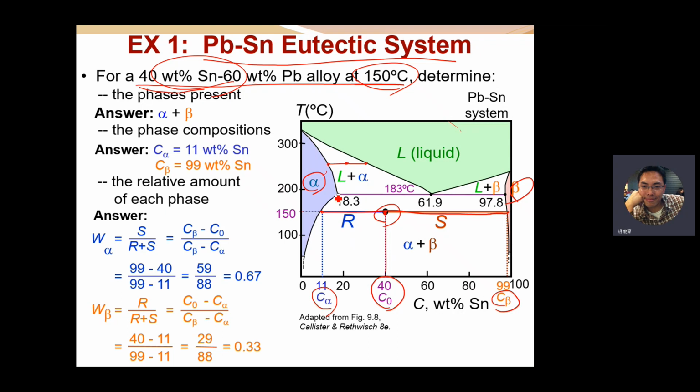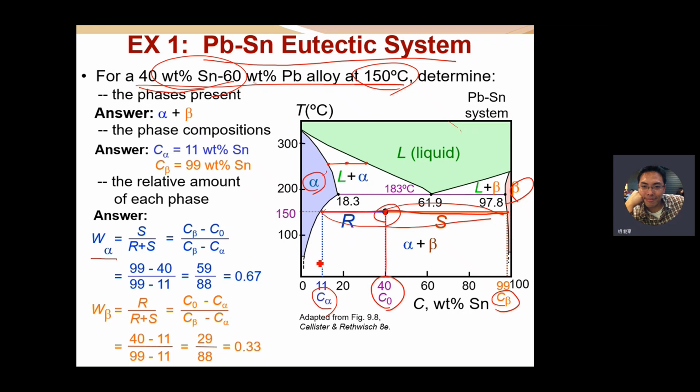However, for this example, we have two solid phases. Therefore, we can find the weight fraction of alpha solid solution. We use the Lever's rule, right? So how to find the weight fraction of alpha solid solution? We use this length as the denominator, right? And use this fraction as the numerator.